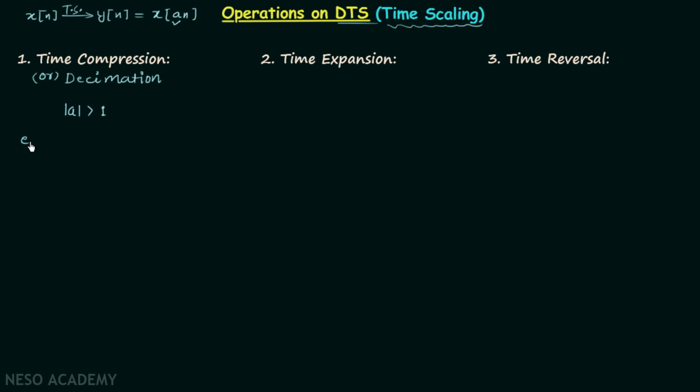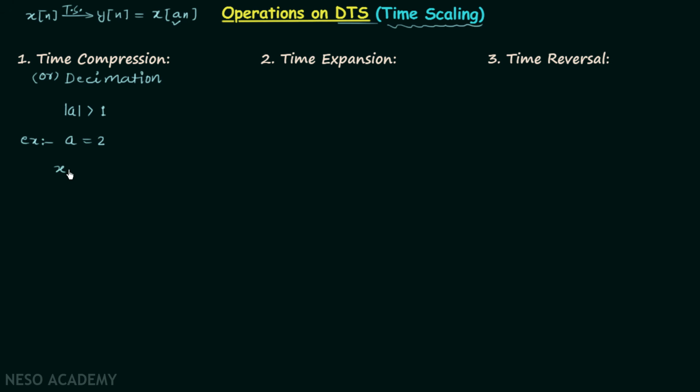I will give you a few examples in which mod of a is greater than 1. When a is equal to 2, it is obvious that mod of a will be equal to 2 and 2 is greater than 1. So when a is equal to 2, this condition is satisfied and we will have time compression.